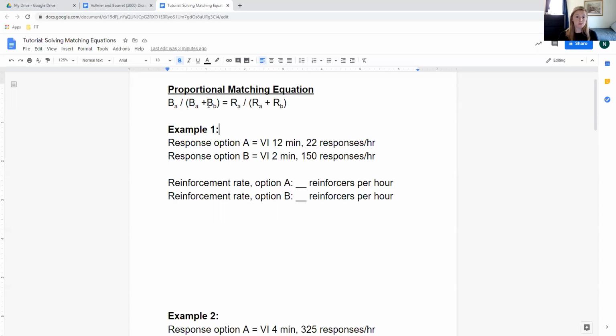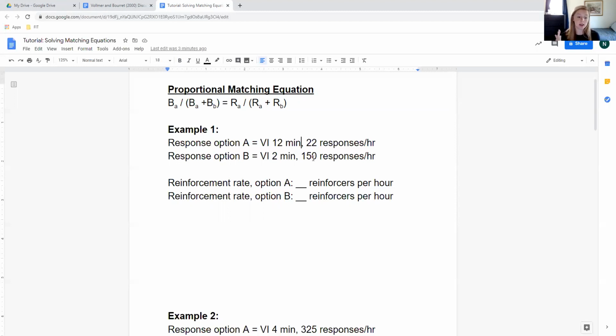So in order to fill out this equation, we already have our responses per hour, so we've got our rate side of things, but we still need our reinforcement rate. To calculate reinforcement rate, in this case, we're going to look at the idealized responding.